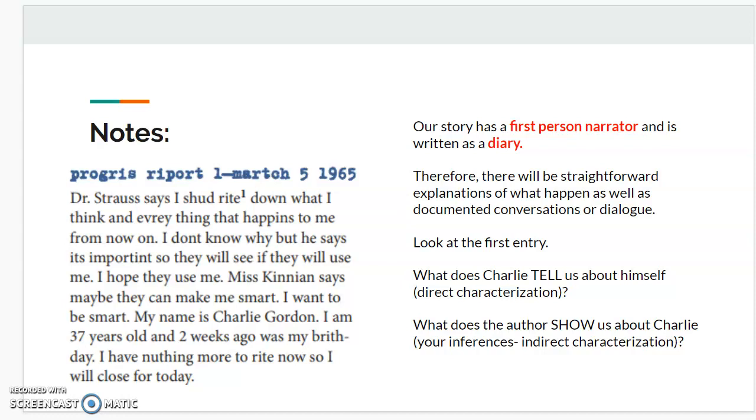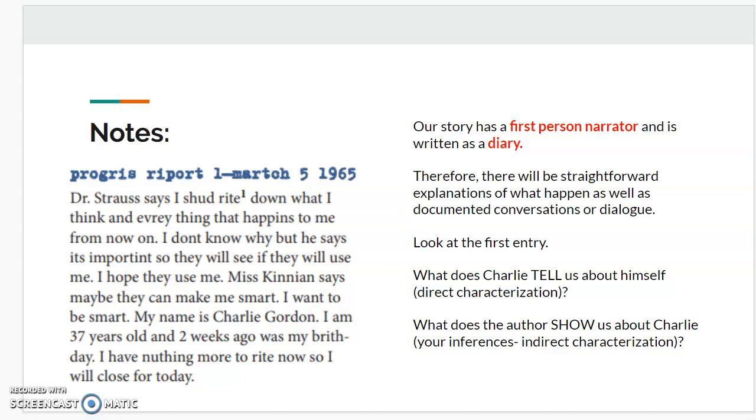The way he talks about Miss Kinnian and Mr. Strauss, he comes across as a people pleaser. He wants them to use him in whatever this is going to be. And his language and the way he talks, we can infer that he's kind of childlike. He kind of writes like a little kid. Okay? We get all of this direct and indirect characterization through his narration.